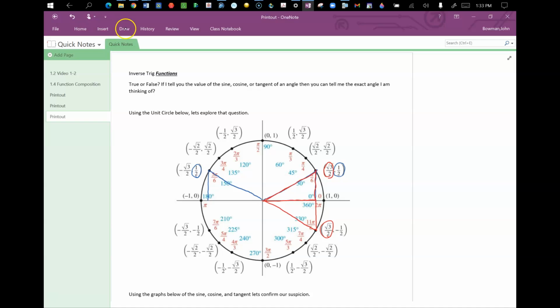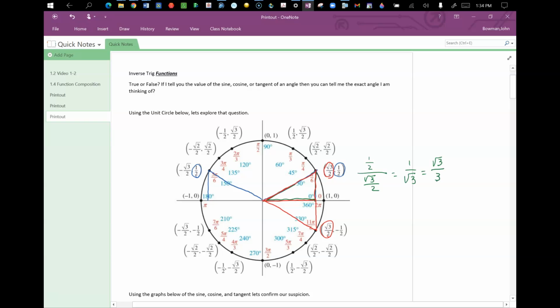Finally, let's take a look at the tangent and see if that works for the tangent. We're going to use pi over 6 again. The tangent is y over x, and 1/2 over root 3 over 2 simplifies to 1 over root 3, which rationalizes to root 3 over 3.